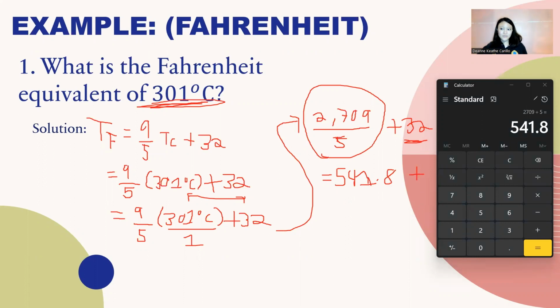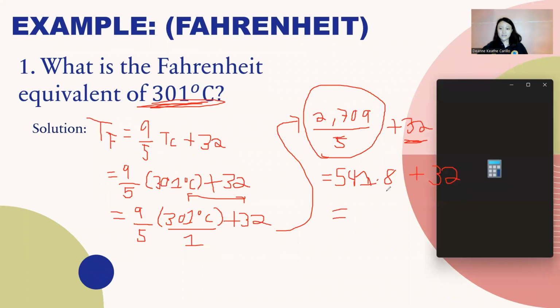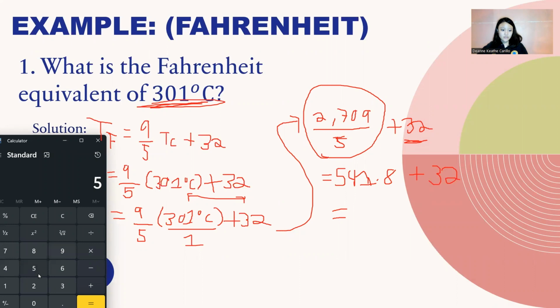plus 32. Dito na natin, in here, gagamitin na natin ang plus 32. Let's add this up. 541.8 plus 32 is equals to 573.8.